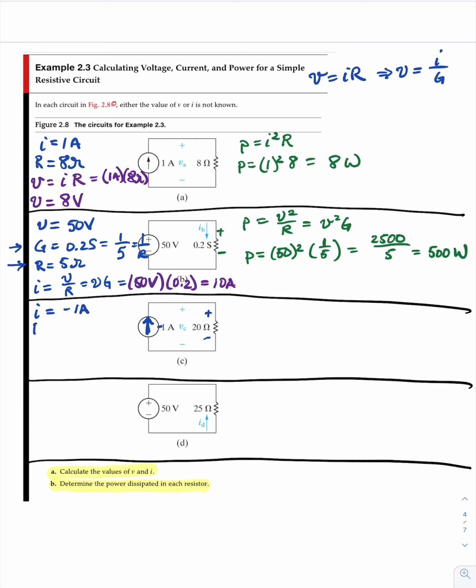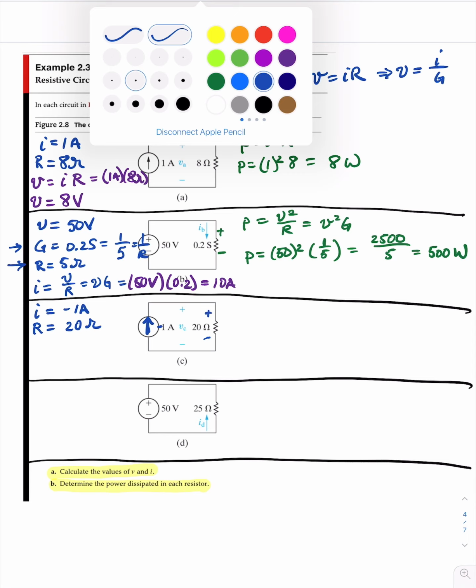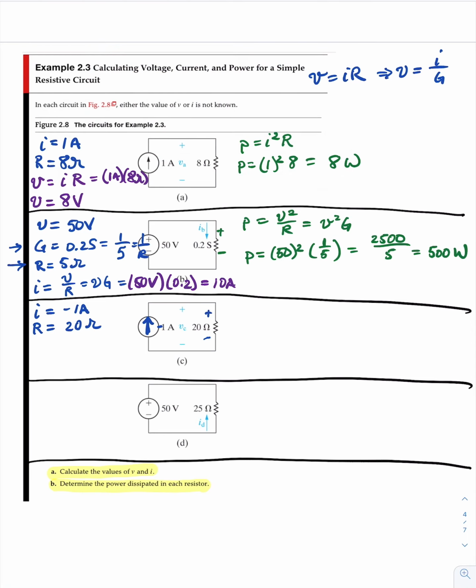And resistance, we're given resistance this time, and it is 20 ohms. All right, so using Ohm's law, V is equal to IR. So V is equal to minus 1 times 20, which would be minus 20 volts.